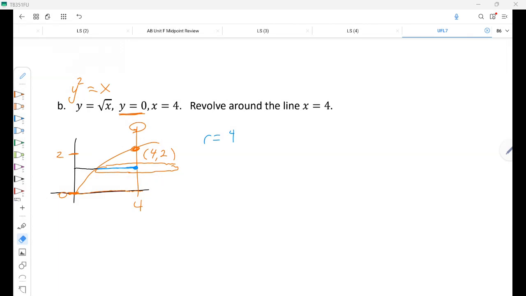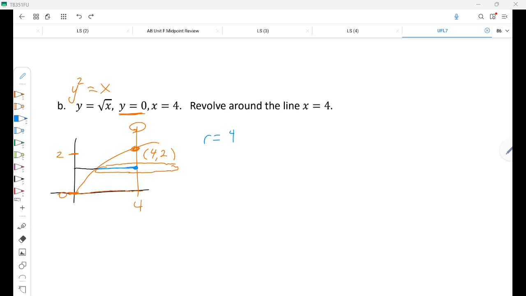What is 4 minus something? When we change to y, the axes change their meanings.